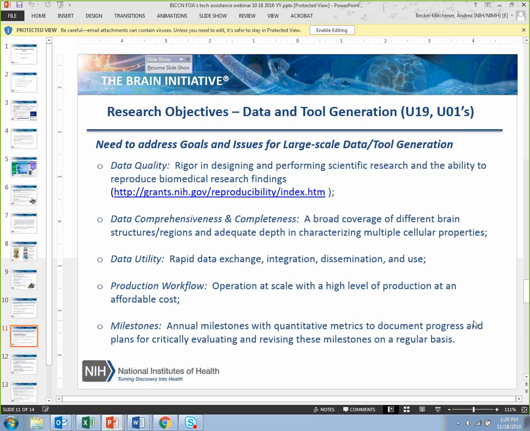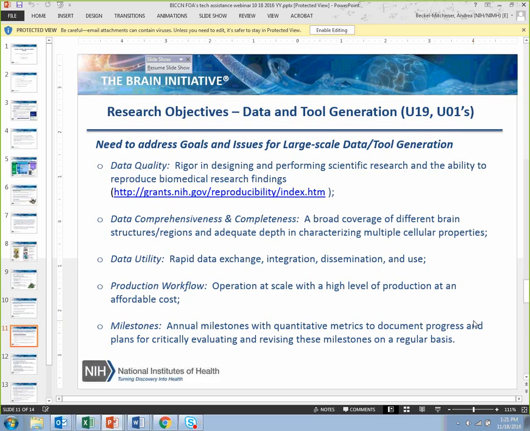So these are data quality, data comprehensiveness and completeness, data utility, and the production workflow. Each application needs to provide current estimates of data quality, and the plans for how data quality will be evaluated during the course of the project, and describe how to optimize experimental procedures to enhance data quality.